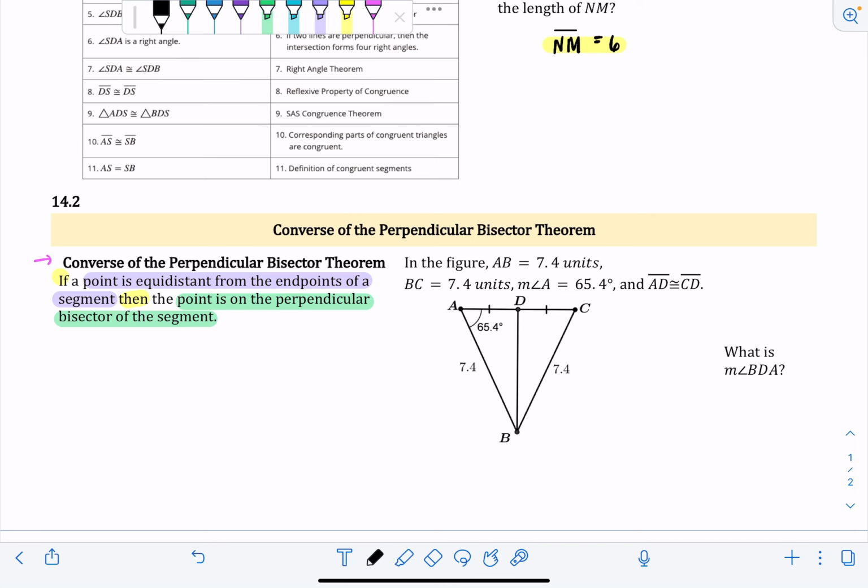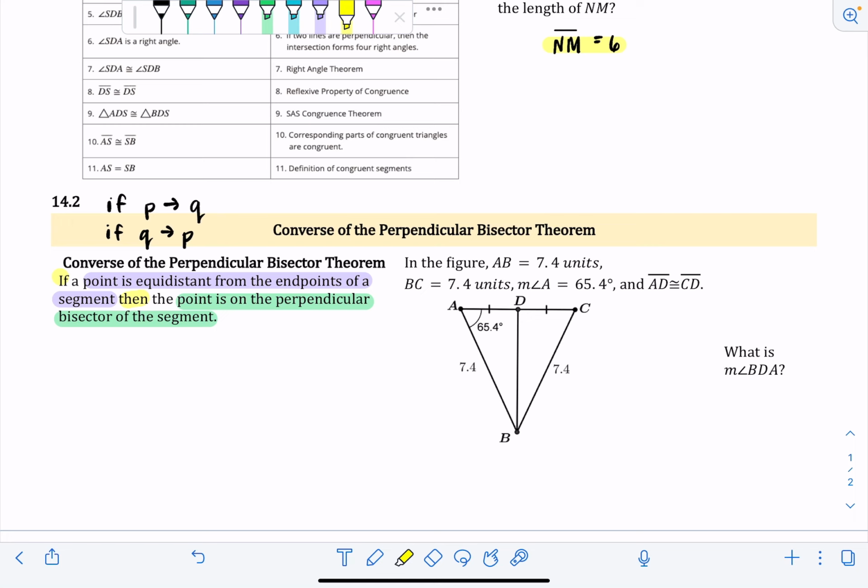So it was, if P then Q, and now it's if Q, then P. So if a point is equidistant from the endpoints of a segment, then the point is on the perpendicular bisector of the segment. So we can use that to answer this example on the right.